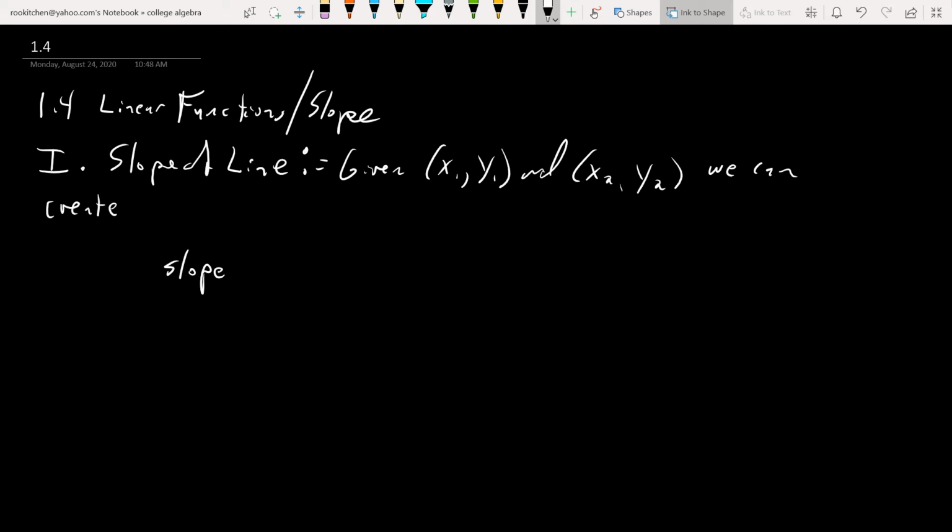A roof doesn't have a large slope. Anyways, a slope, we'll call it m, and another way of writing it is change in y over change in x.